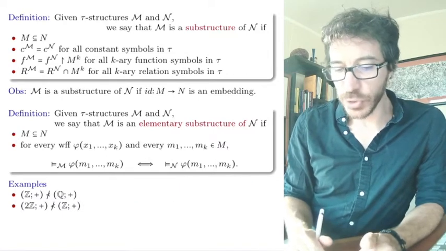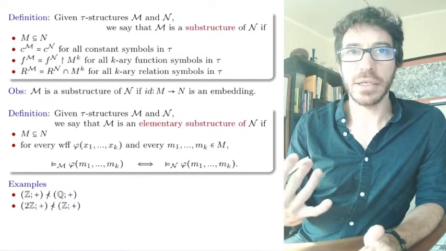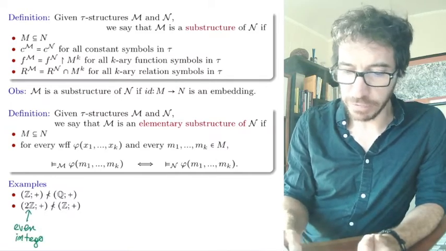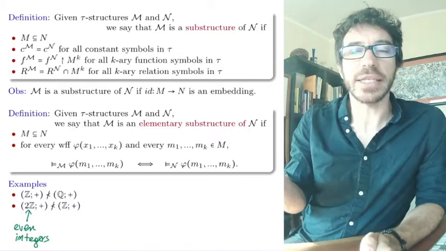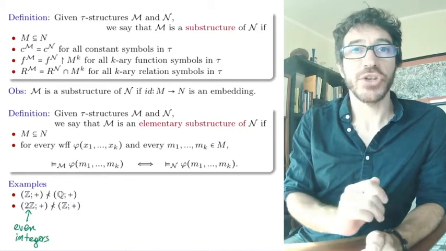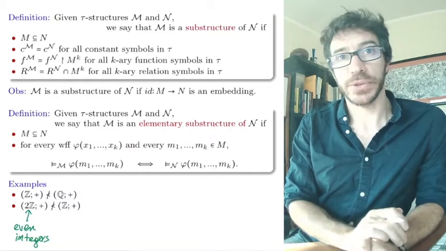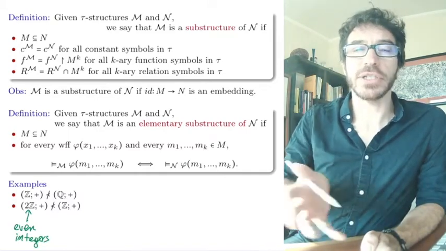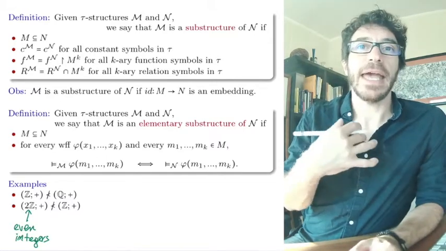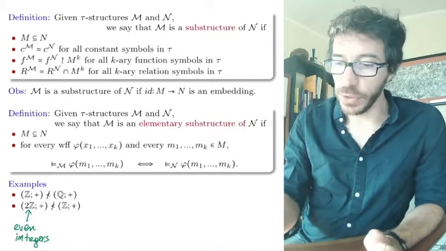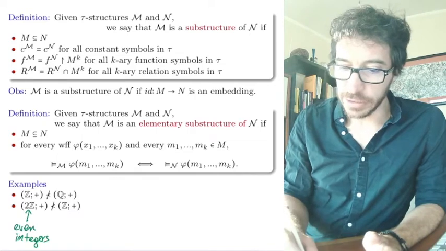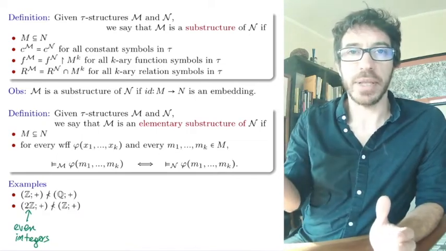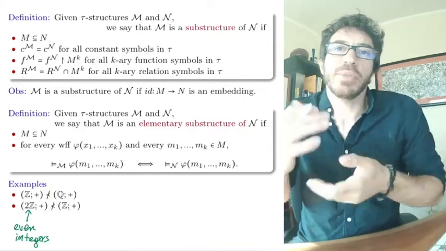This is 2Z, by which I mean the even integers, positive and negative, because it's 2 multiplied by all the integers. That is still a group, because if you add two even integers, you stay with an even integer. So it's a subgroup, and it's isomorphic to the integers with plus, where the isomorphism is just multiplying by 2.